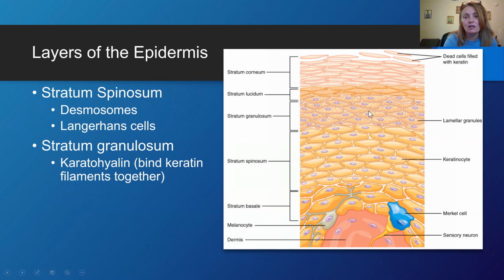So cells here are already dying cells. Because they synthesize so many proteins, pre-keratin, keratin, keratohyalin, this bundle of proteins starts damaging the cells. So the organelles start breaking apart, right?